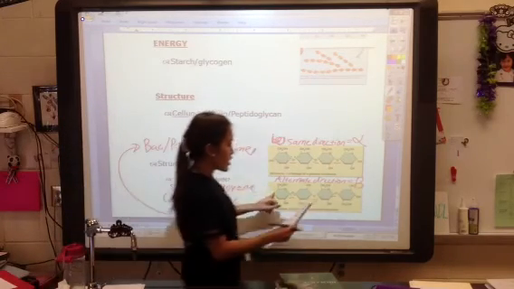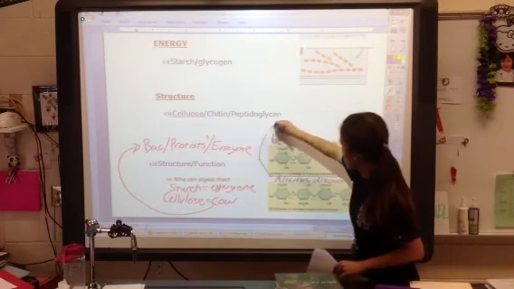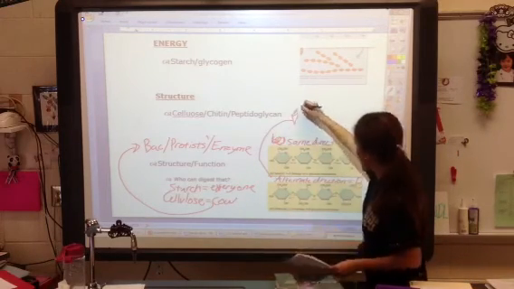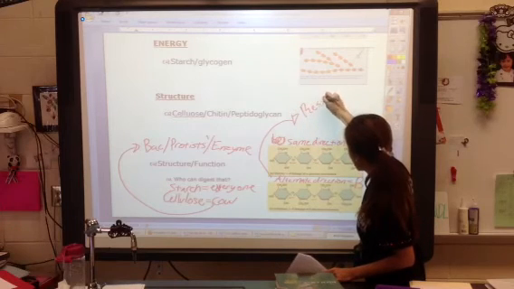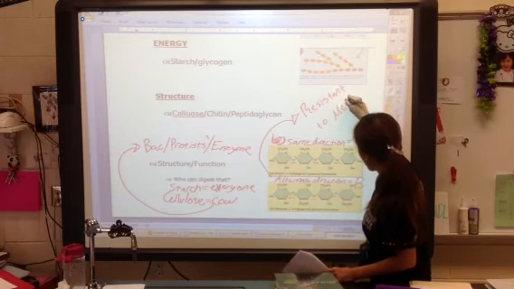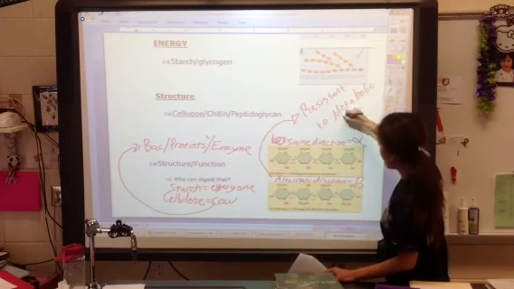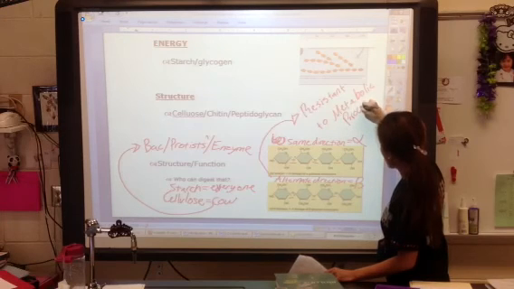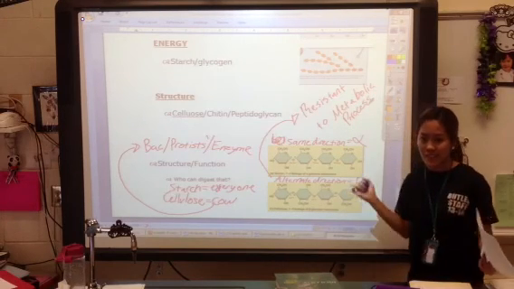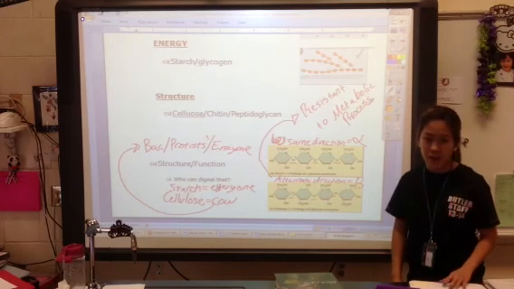So this alternating directions of that beta glucose molecule actually allows it to be resistant to metabolic processes like digestion, okay?